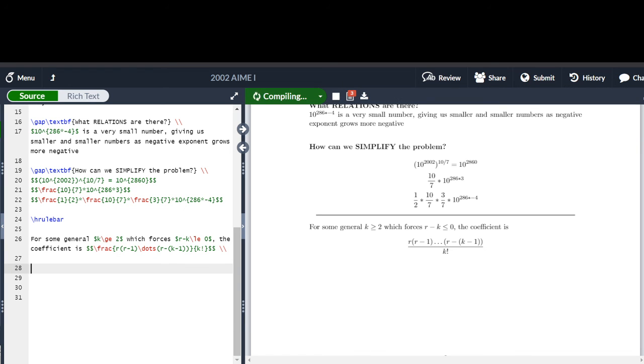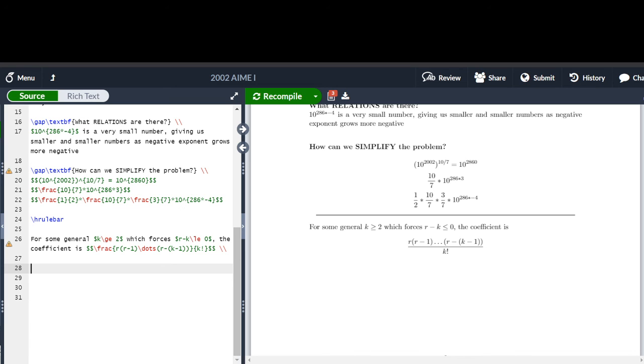So now, how can we make sure that this doesn't generate a very large ratio to offset the very small value we get from the negative exponent? Well, r is 10 over 7, and 10 over 7 is pretty close to 1. So we can use that as an approximation.